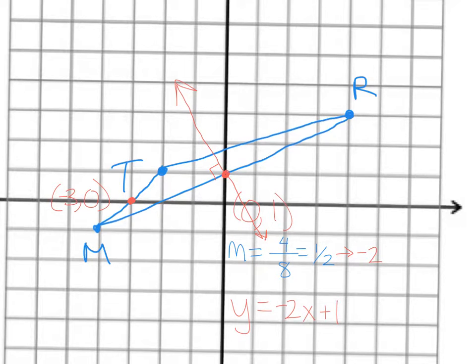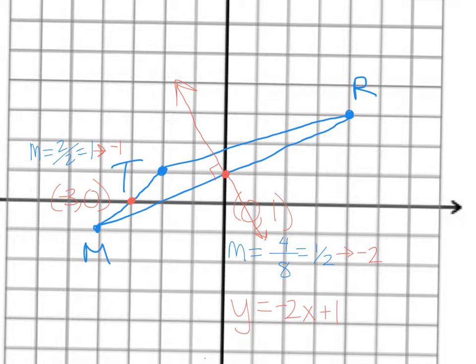Jumping over to TM, I already have a point there. I'm going to do the same thing. I'm going to figure out what is the slope of TM, going up 2/2. So my slope right now is 2/2, or 1. I take the negative reciprocal. Well, 1/1, when I take the reciprocal, is still 1, but I have to make it negative now.